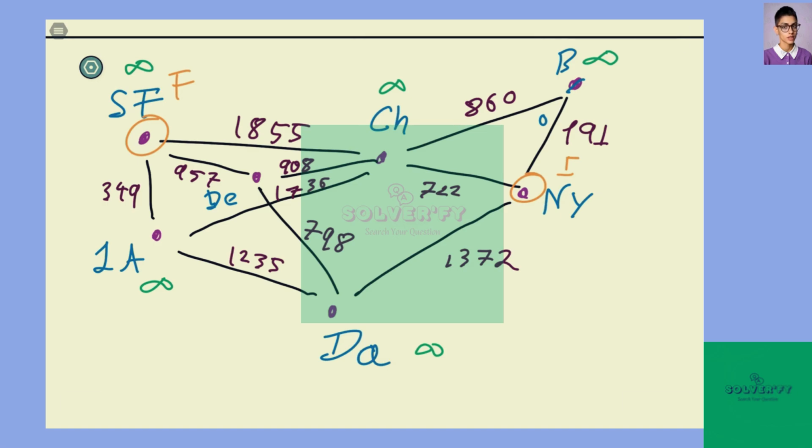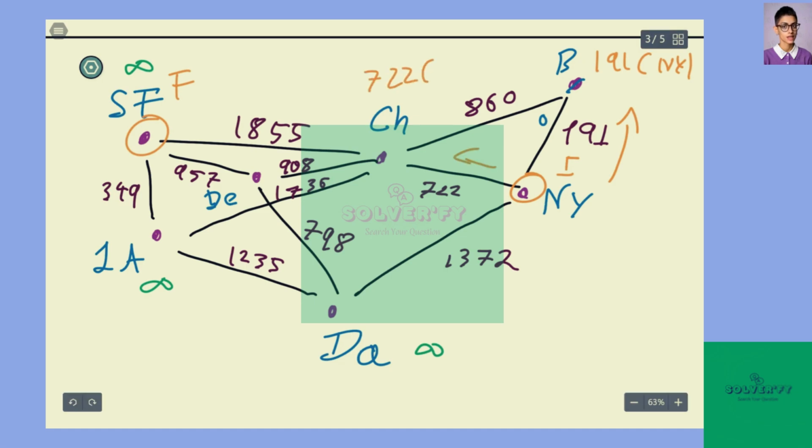Great. So if we move from New York to Boston, then we get a total distance of 191, and the only traveled node is New York. If we go from New York to Chicago, then the distance is just 722, and the only traveled node is New York.